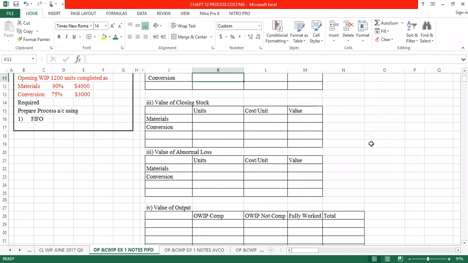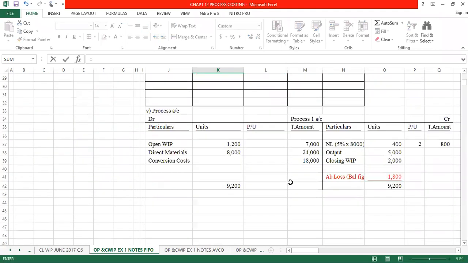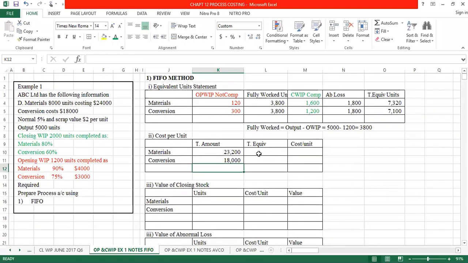That is for materials. So it gives us 23. Conversion is this 18,000. Total equivalent units, we have already calculated it. Cost per unit is 23 divided by 7 that. So it gives you 3.